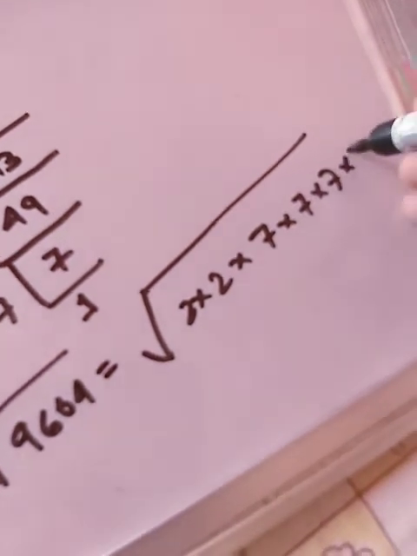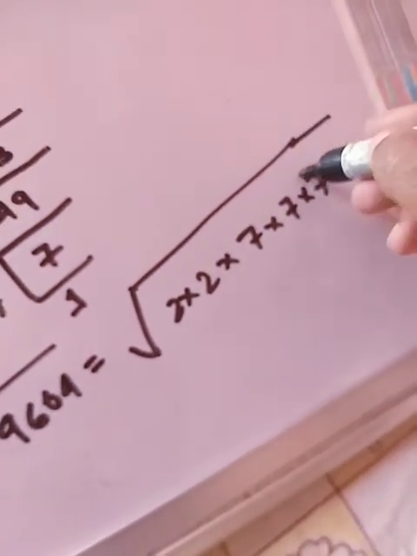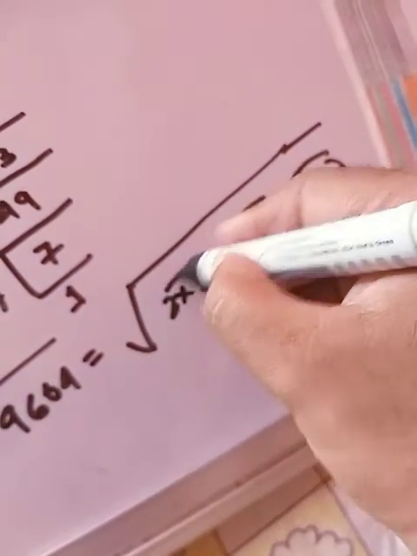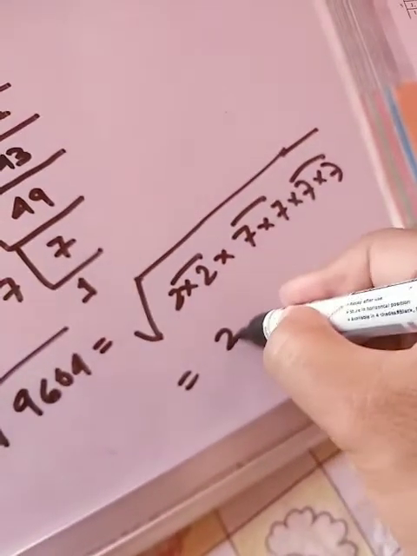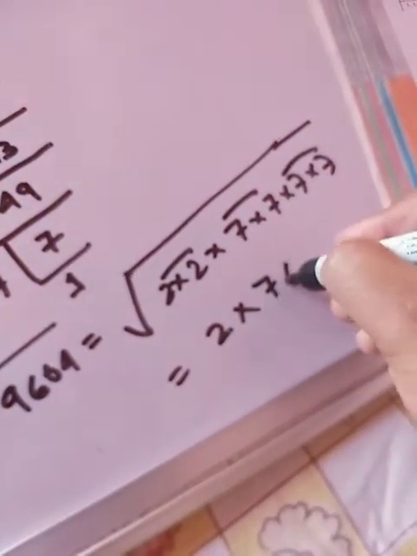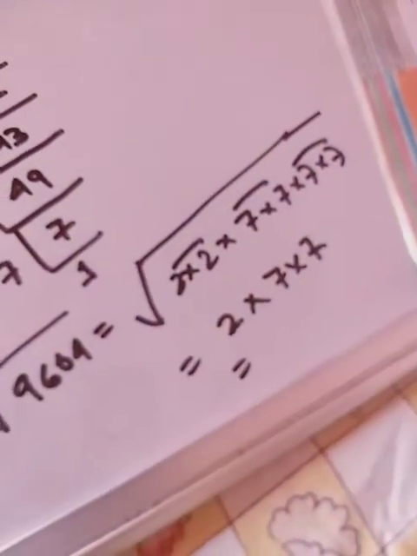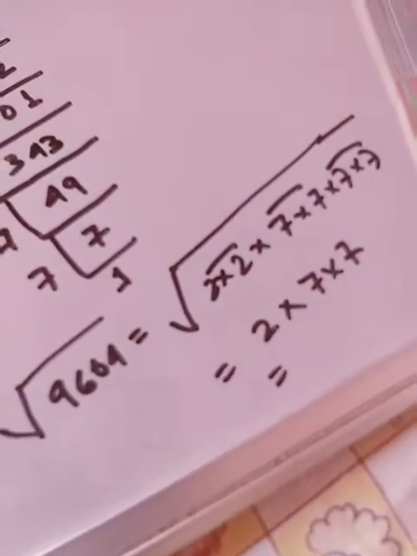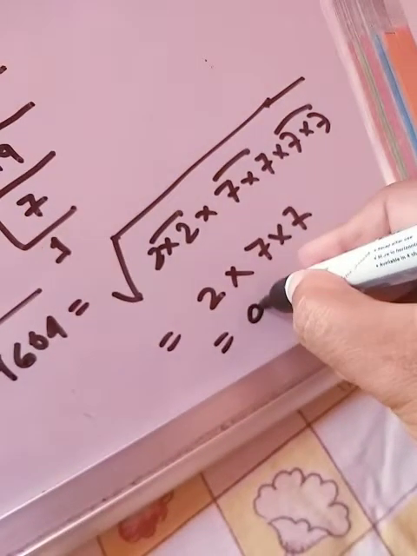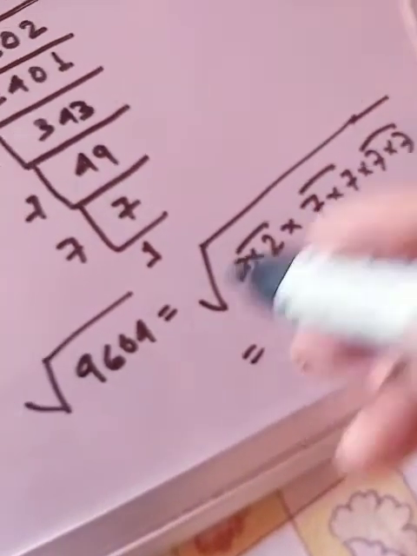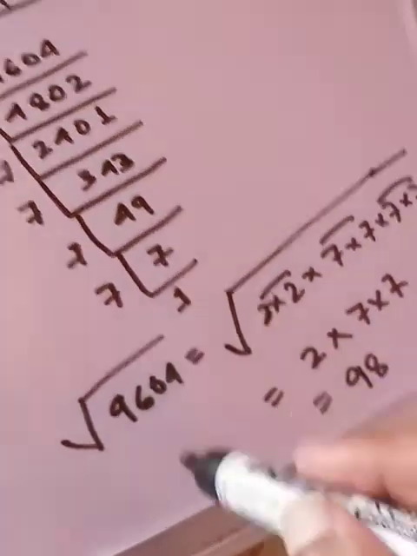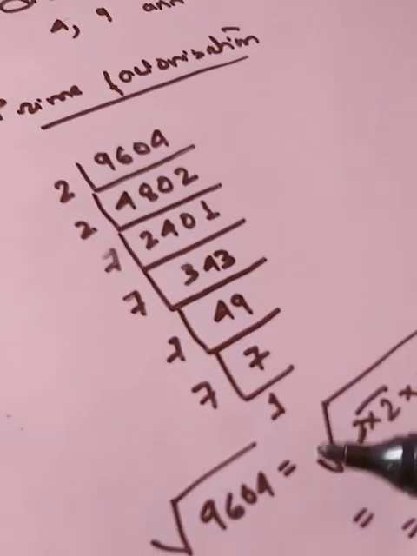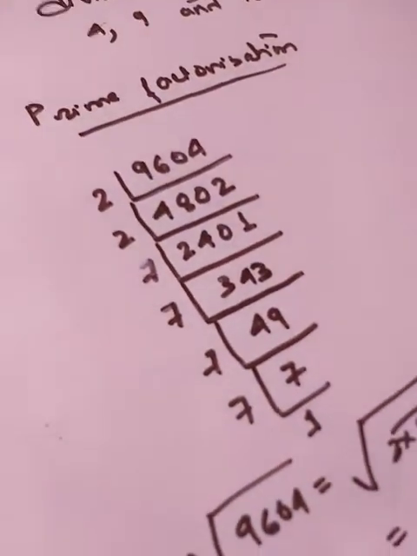We know that we have to make a pair of every factor, and for each pair one digit will come out from the square root. So what is the number? The number is 98. That means 98 into 98 is 9604. This is how you will find the square root by prime factorization method.